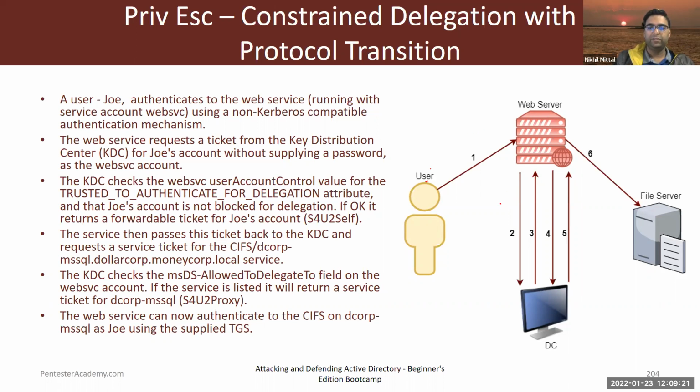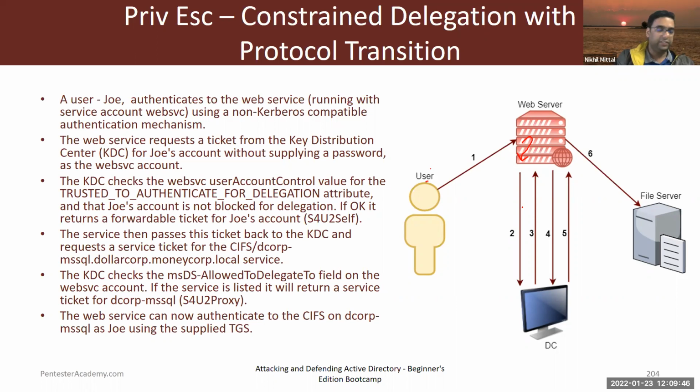So that is step one. The user authenticates using a non-Kerberos compatible authentication mechanism. Now the web server must transition this authentication to Kerberos. All right. Now this is how protocol transition works.